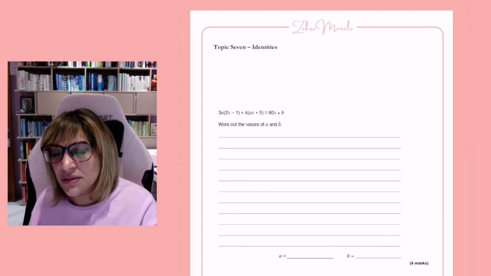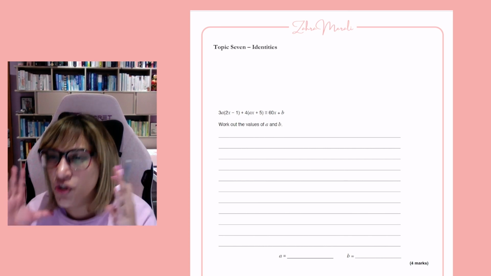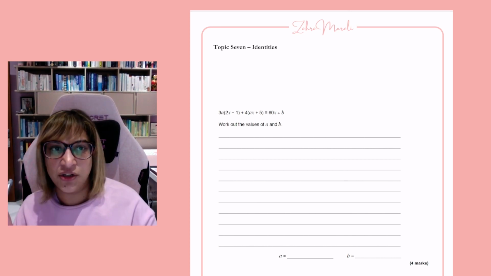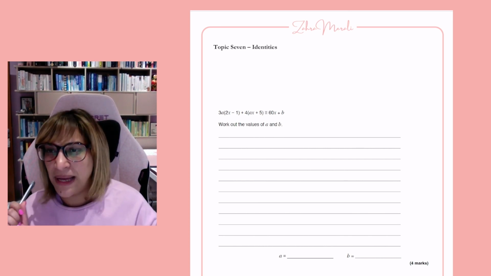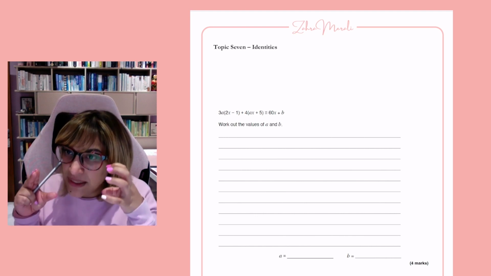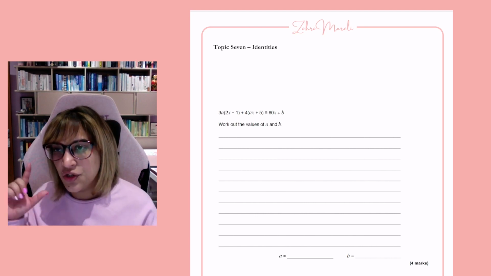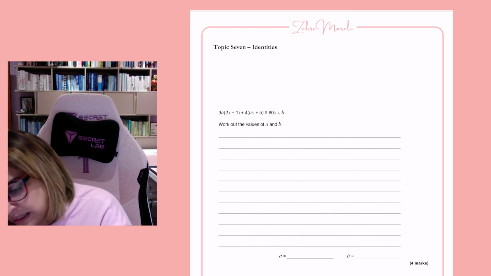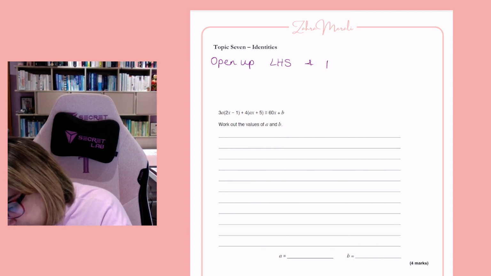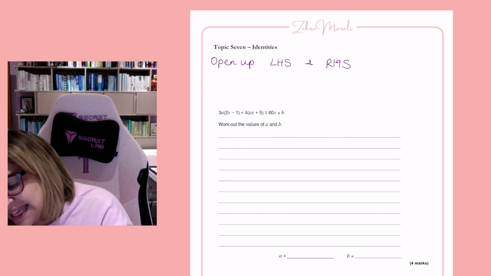Identities. Because this is a new idea, I think a lot of students find this difficult, but actually it's one of the easiest topics. So your general method's going to be, you're going to open up all the brackets on your left-hand side and your right-hand side, and then you're going to match coefficients.